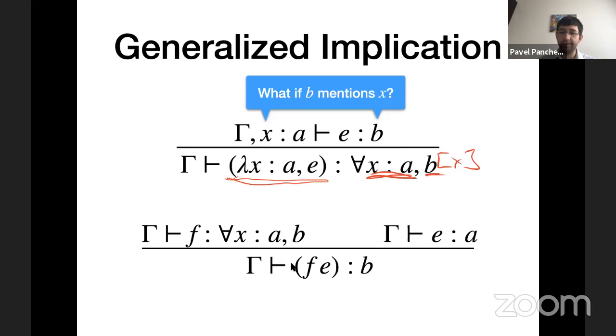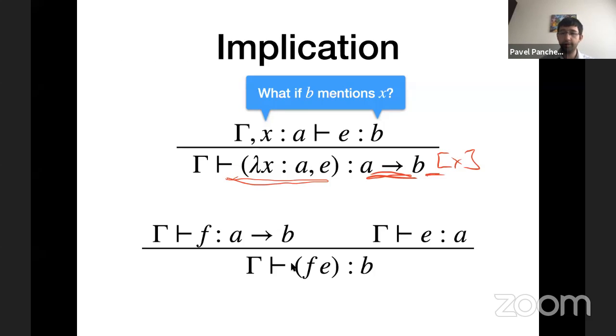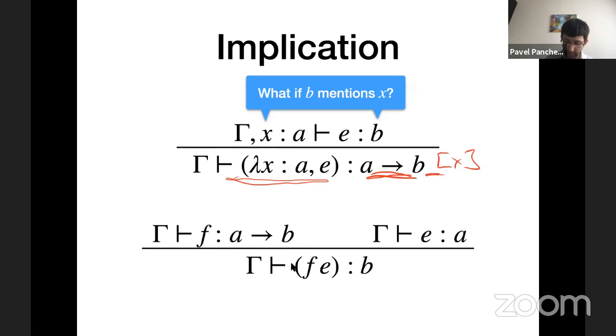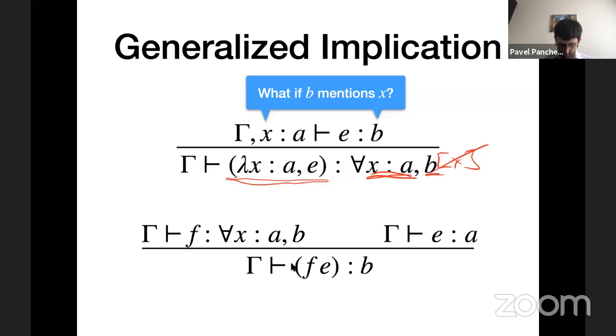In some sense, the only difference between implication, which we see here, and quantification, which we see here, is that in implication, you don't expect B to mention X. You don't expect your proof to be discussing the proof of some unrelated fact. And in this case, you do expect B to be mentioning X, because you expect B to be some property about X, the variable. But it turns out not to be that confusing to just use this distinction of uses X or not as the main differentiator between these.